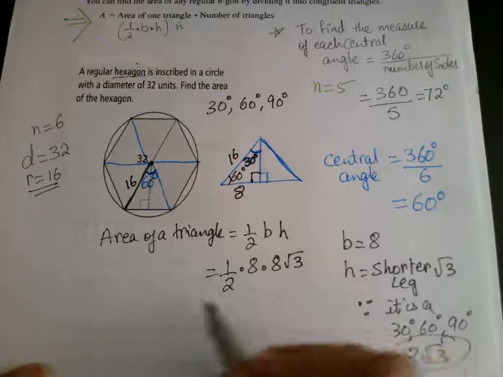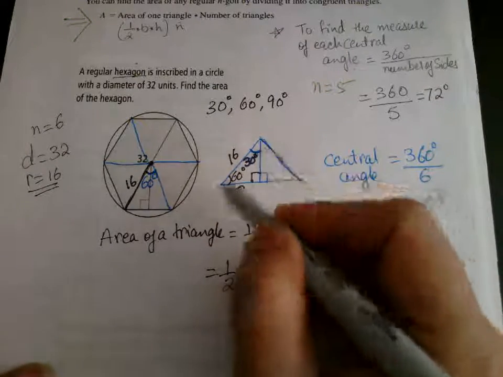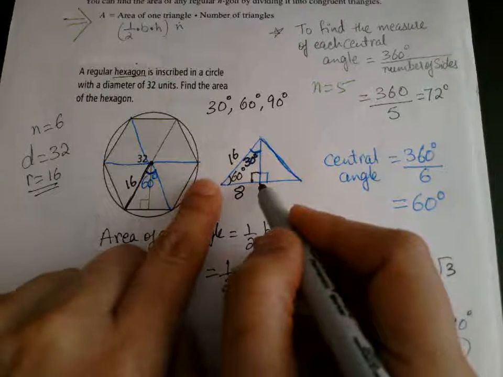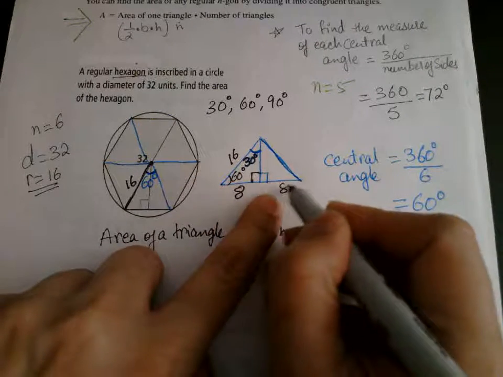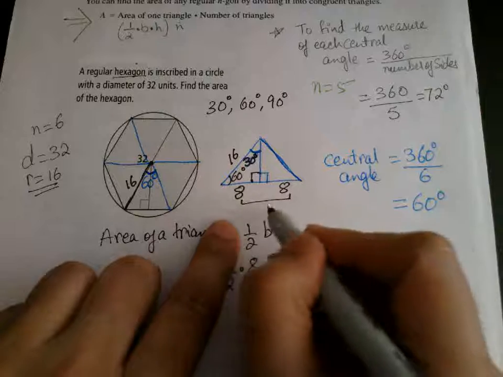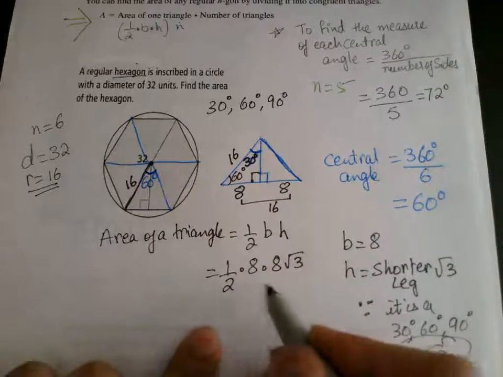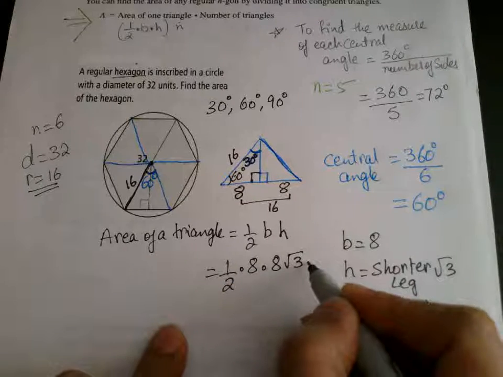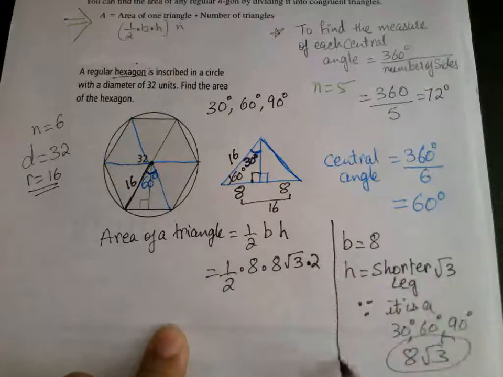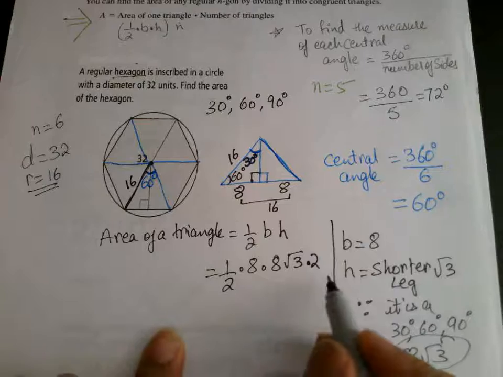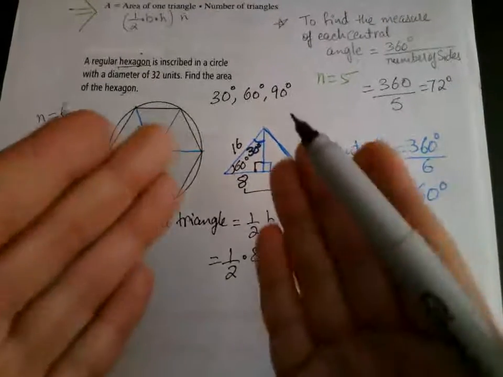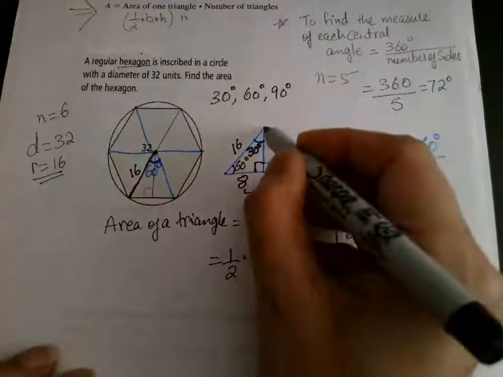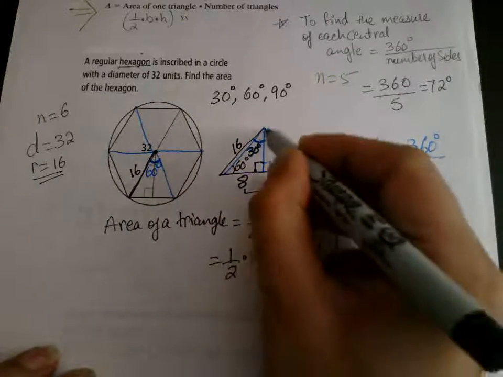Now, this will give me the area of only this portion of the triangle. I need the area of the total. So if this side of the base is 8, this is also 8. So in total, this is 16, right? So instead of writing 8, I can write 16, or I can do times 2, because this part of the triangle and this part of the triangle will make this total triangle that we are talking about.